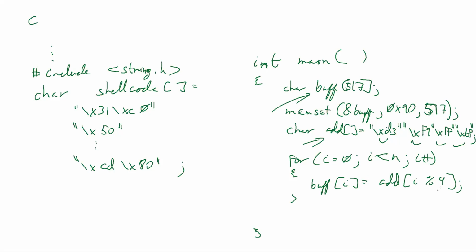Now the last part is, how do you add the shell code? So to add the shell code, which is this one, you can do the exact same thing. You can take for i equals 0, i less than sizeof shell code, which is that shell code, i plus plus.